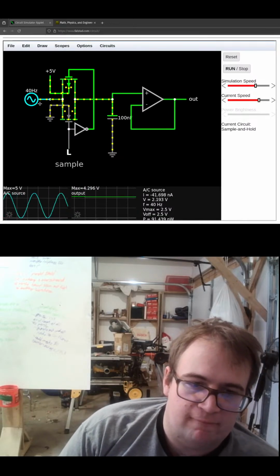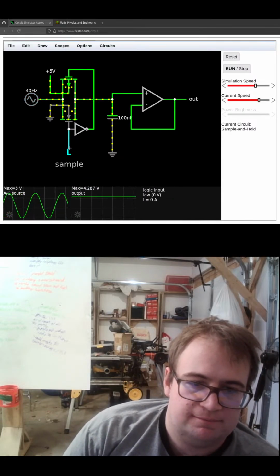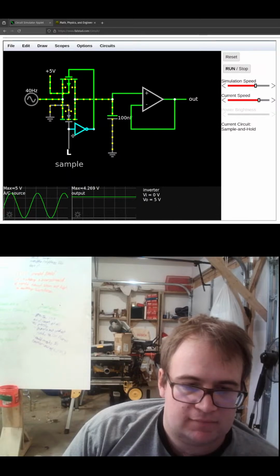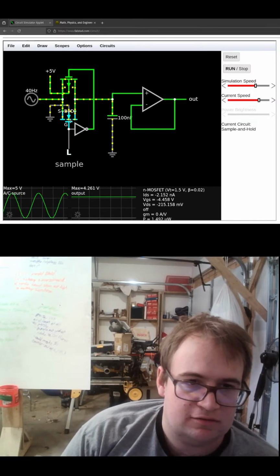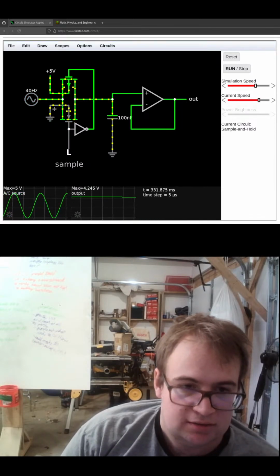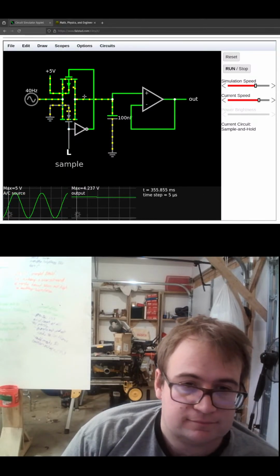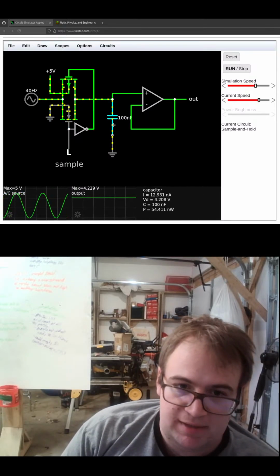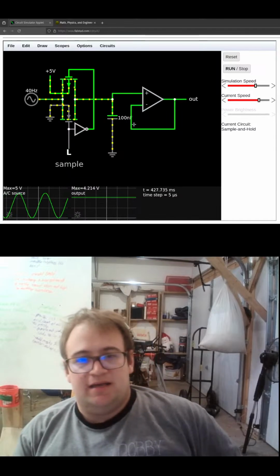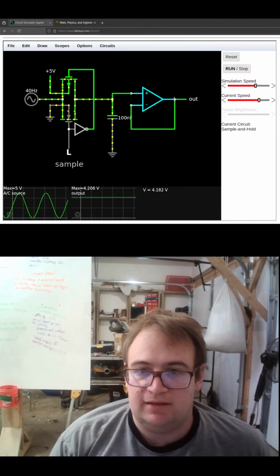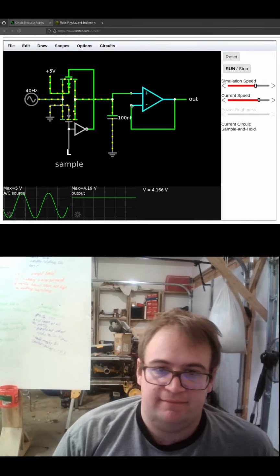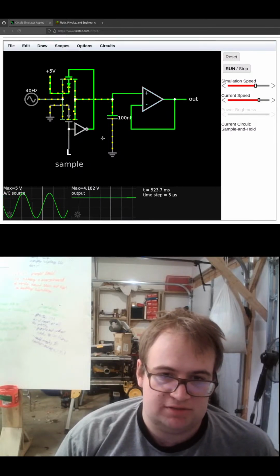And now, if we wanted to sample it, this will trigger the voltage to flow through this gate switch here, which will cause this capacitor to charge, and then this will output the same as this to match these inputs here.